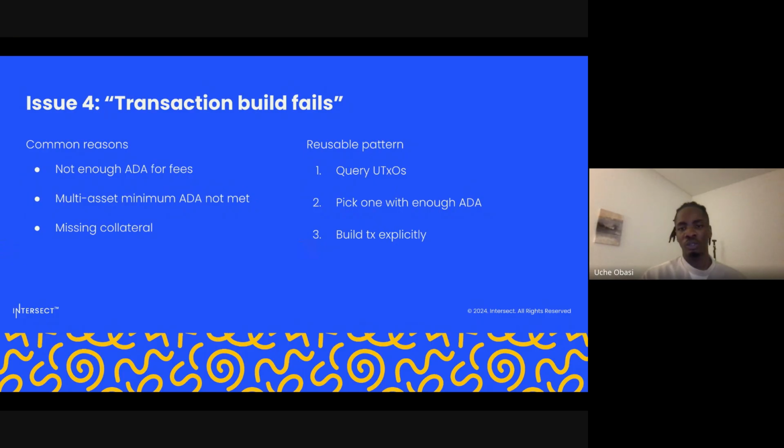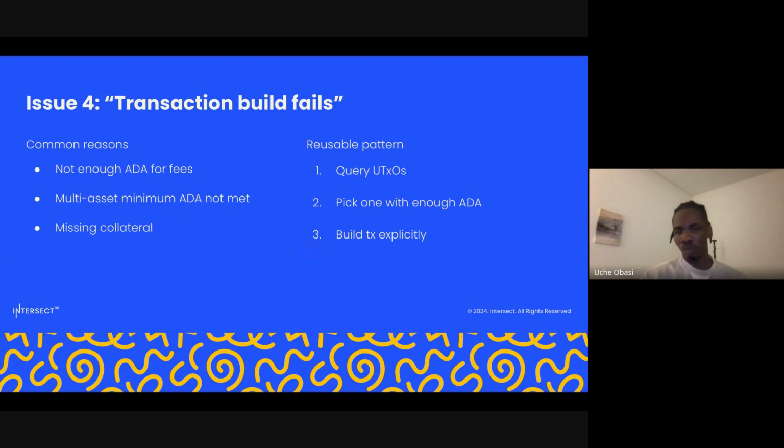Or having multi-assets minimum ADA not met. So it still almost corresponds to the first one, which is not enough ADA. Another common reason is a missing collateral.